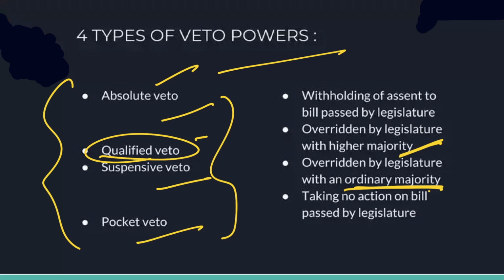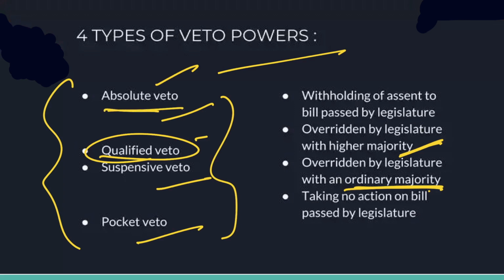Absolute veto refers to the power of a president to withhold his assent to a bill which is passed by the parliament. If it is withheld, the bill ends there itself. Why? Because without the president's assent, it cannot become an act.